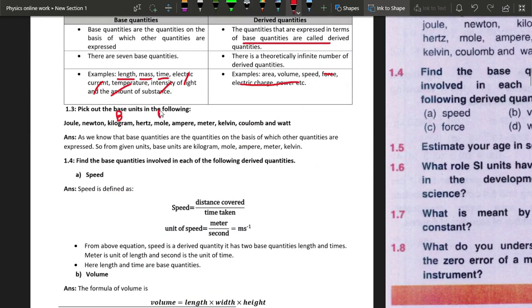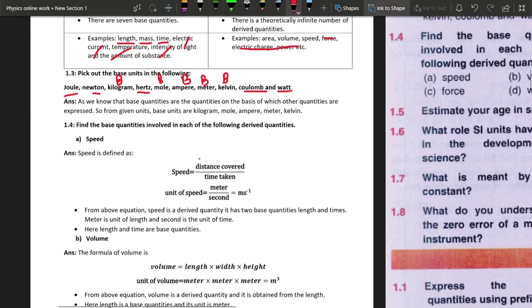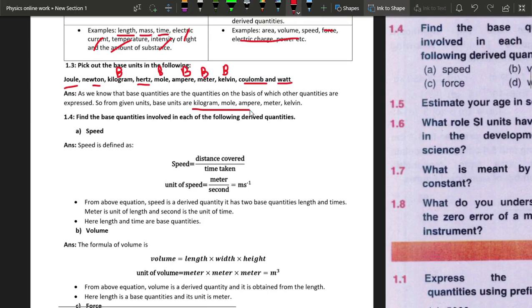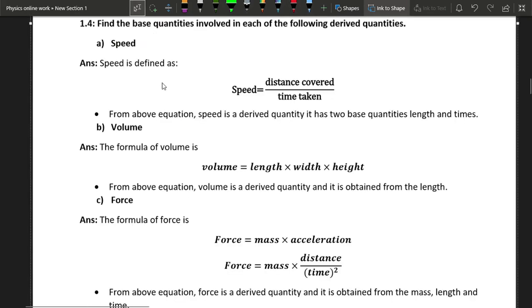Mole is a base unit, ampere is a base unit, meter is also a base unit, and Kelvin is a base unit, while coulomb, watt, hertz, Newton, joule, these are the derived units. So base units are kilogram, mole, ampere, meter and Kelvin.